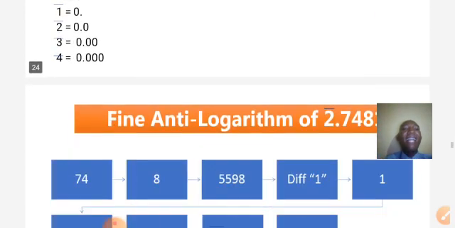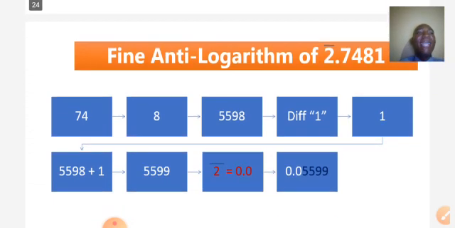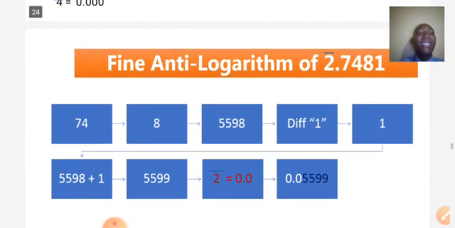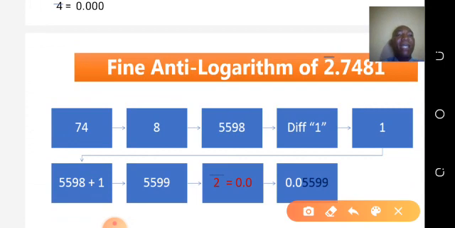So that is that. Let's see another method that I've designed here on how to find the anti-logarithm of a number. Just like the value we got there, the decimal part is 7481. So the 74 is 74 under 8.